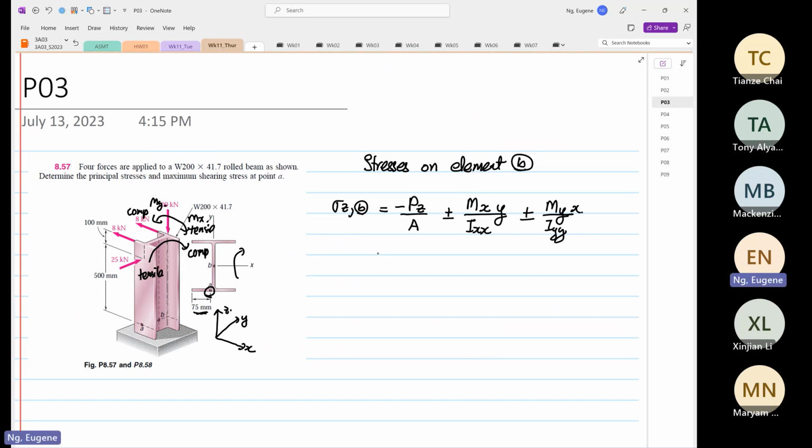The first term is pretty straightforward: minus 100 times 10 to the power 3, and the area is 5320. Next we look at moment. So moment in our x, the stress at point B is going to be equal to 0. Why is it equal to 0?